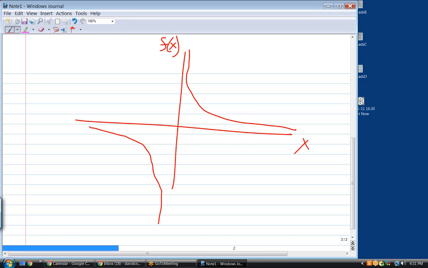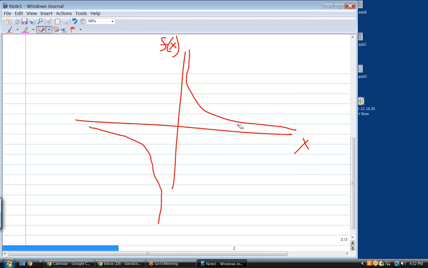Look at the horizontal axis. If we're going in this direction, which is what happens when x goes to infinity, what happens to f of x on the graph? It goes to negative infinity? No, it goes to 0. Okay. Can you see why?